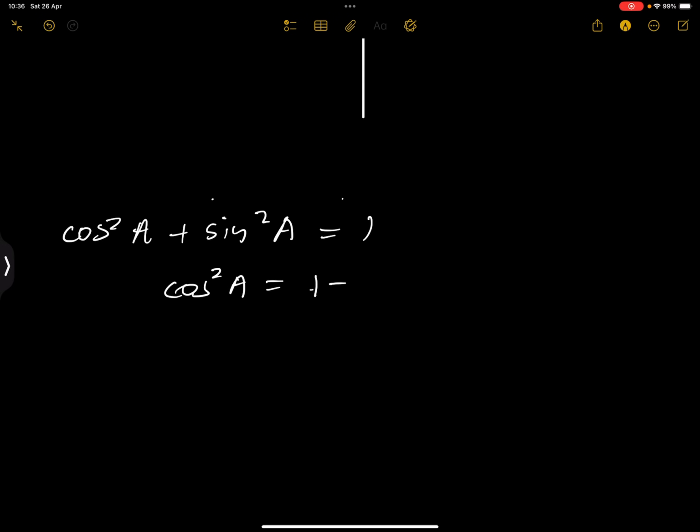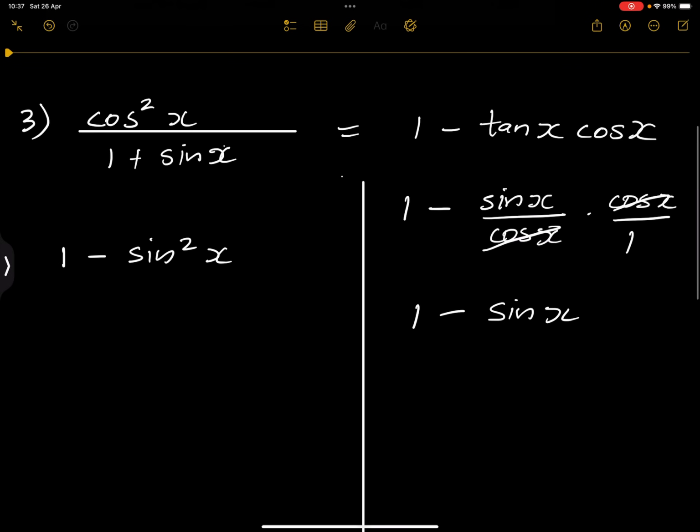We did say that cos squared of any angle plus the sine squared of the same angle is equal to 1. That's why we were able to convert that cos squared of a into 1 minus sine squared of a.